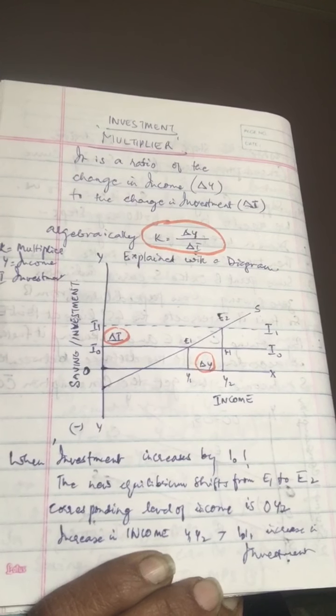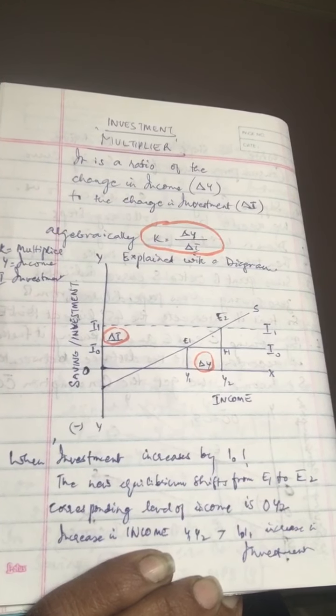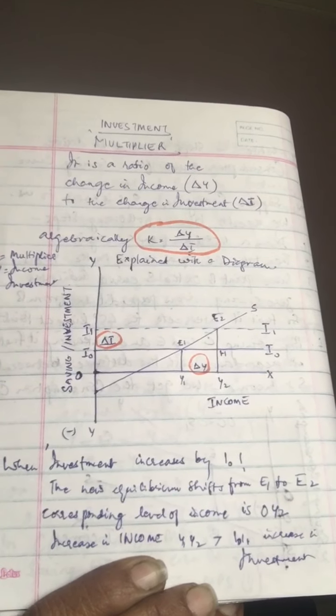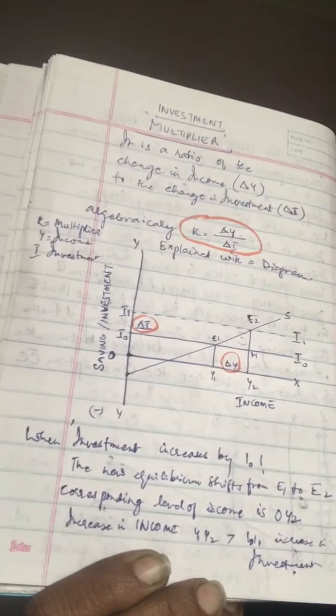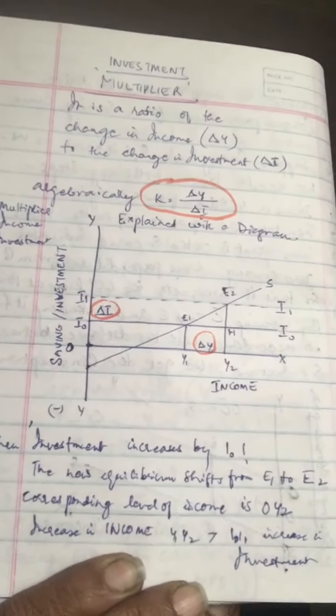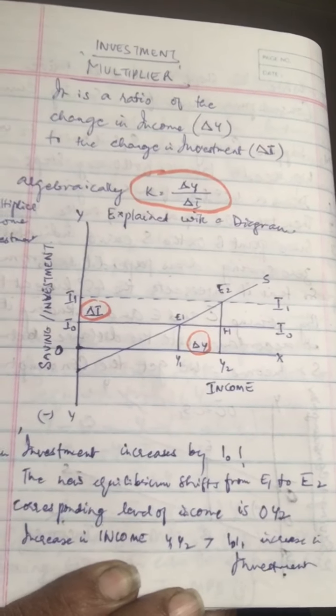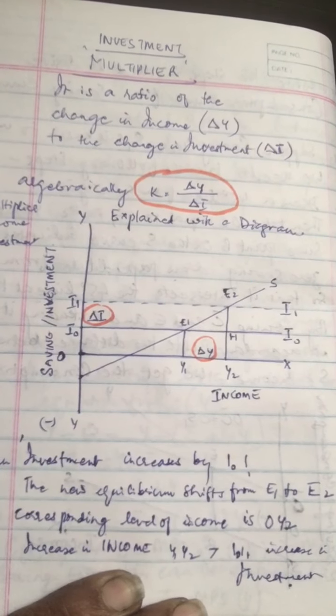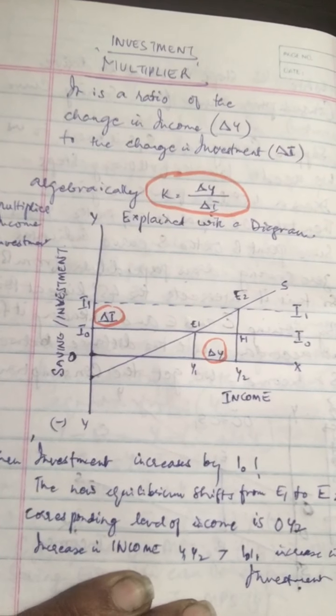Because of the investment, there has been a change in the income. When the investment increases from I0 to I1, there has been a change in income. So a multiplier just means the rate of change in national income due to a change in investment.